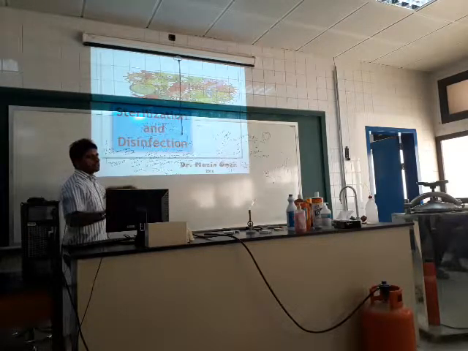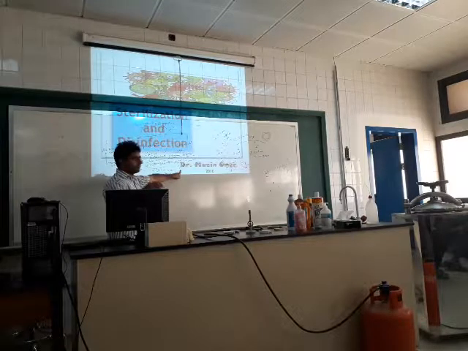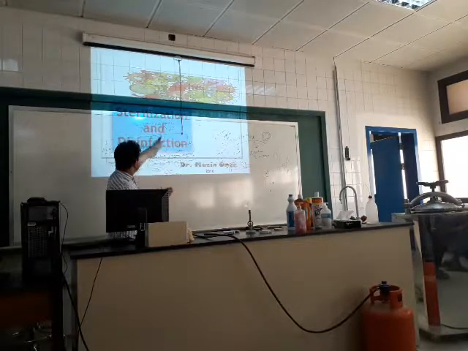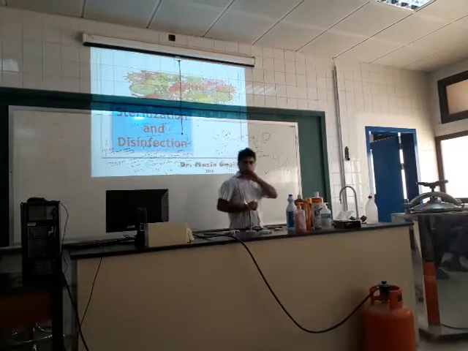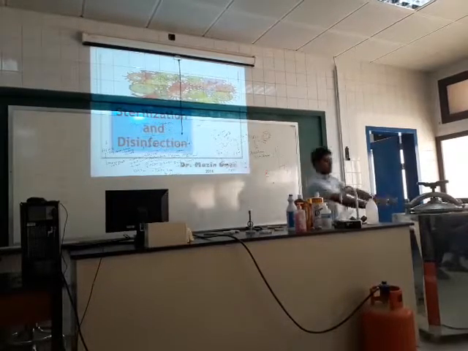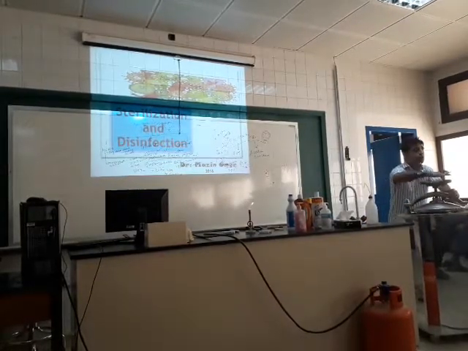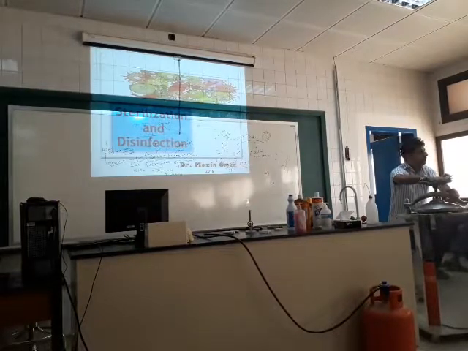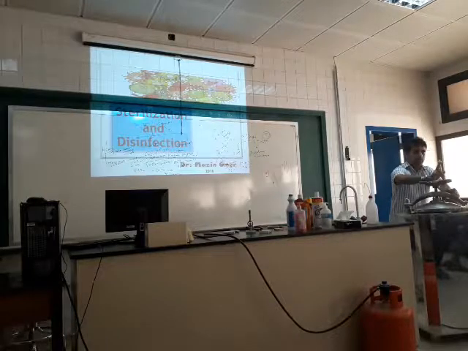Similarly, pasteurization is 60 degrees, one method, another is 71, and it comes like disinfection. What's the name of the second one? Autoclave, the name of a machine. And the temperature is how much? 121. How many minutes? 15.